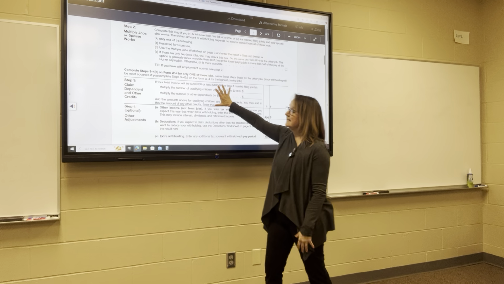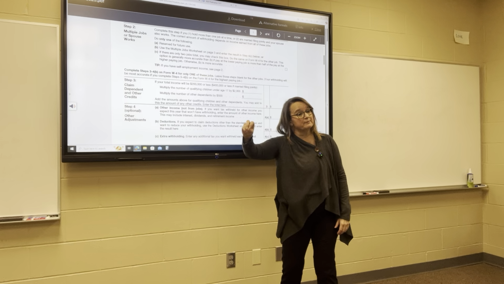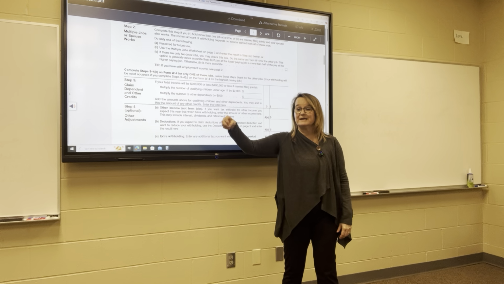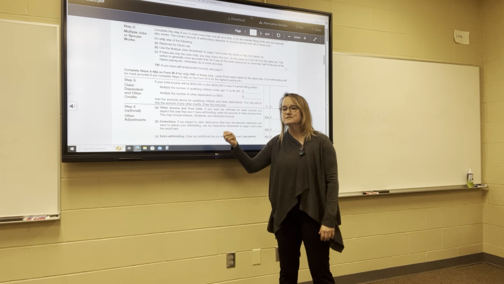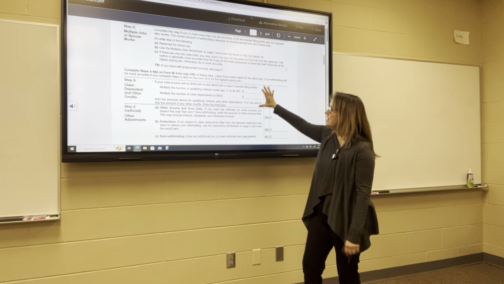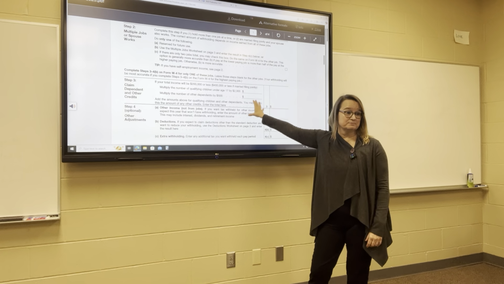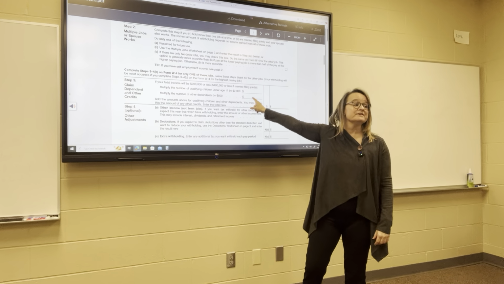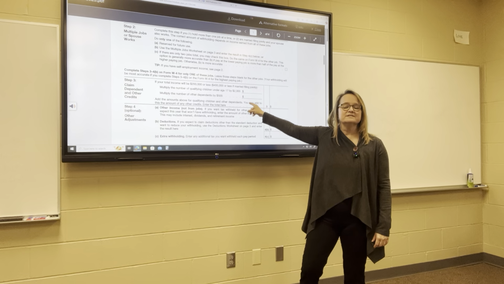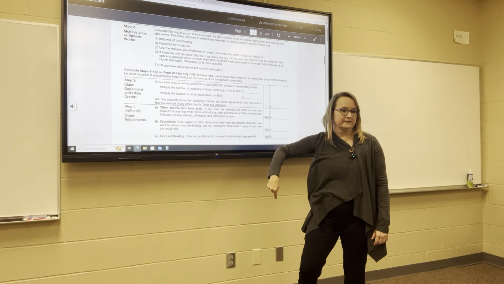So this, again, like I said, it's not a required piece of information because not everybody has dependents. But if someone has one or more dependents that qualify, then they would need to fill this part out. But they don't have to fill it out. What this is going to do when they fill it out is it's going to reduce the amount of withholding.